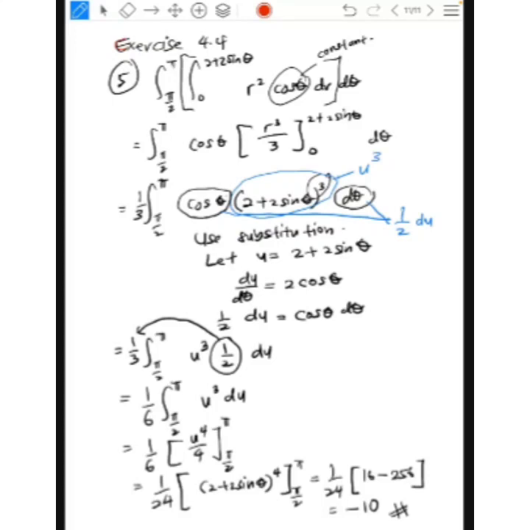Okay, let's go further to question number 6. Use a double integral in polar coordinates to find the area of the region enclosed by the curve in the fourth quadrant. Okay, ni tak ada masalah lah ni because it's already given in the fourth quadrant. So fourth quadrant, kalau pakai quadrant ni, 2, 3, 4. Fourth quadrant is here.